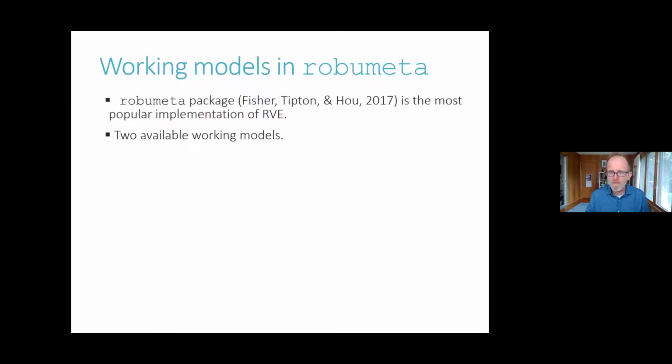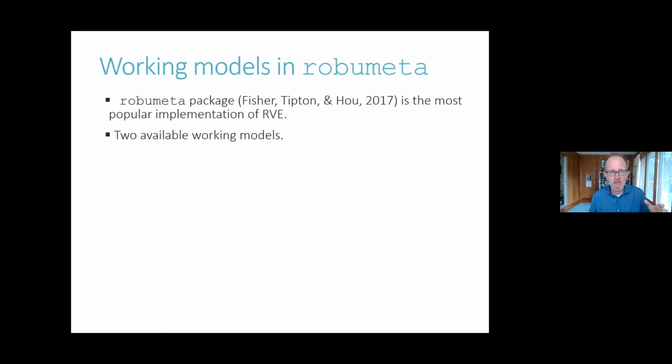One of the main implementations of this technique for meta-analysis is the robumeta package by my colleague Beth Tipton, Zach Fisher, and Zhipeng Hou. This package came out shortly after the paper that introduced RVE to the meta-analysis community, and it's gotten to be pretty popular since then.